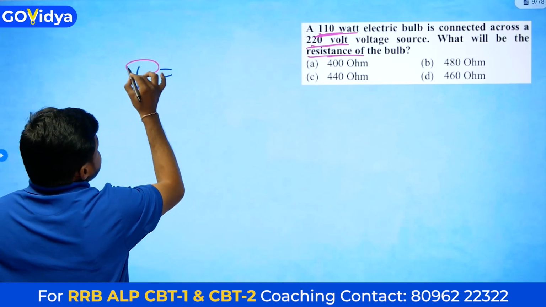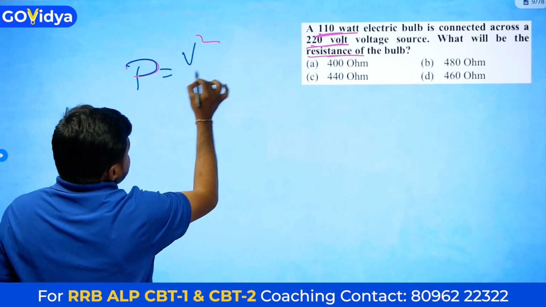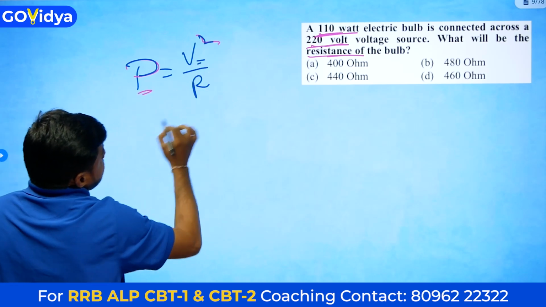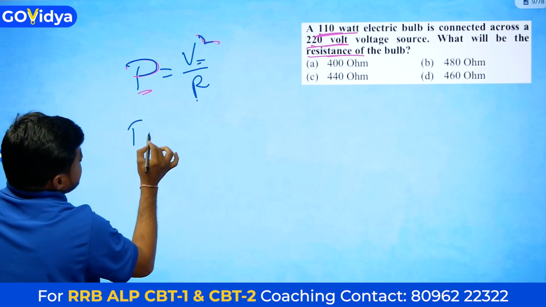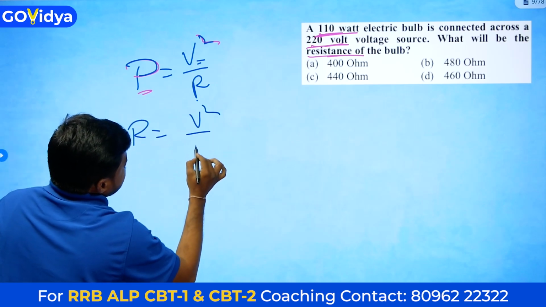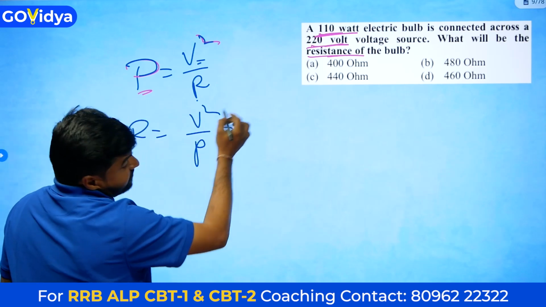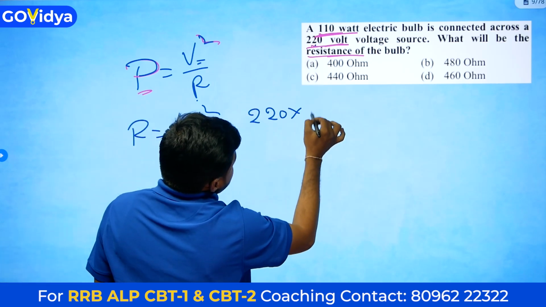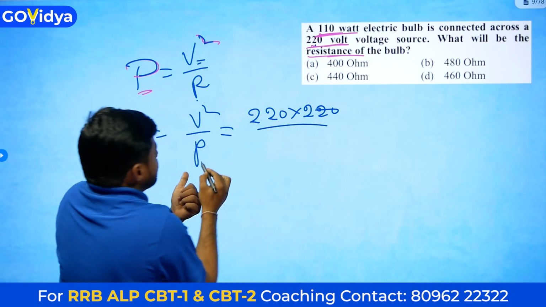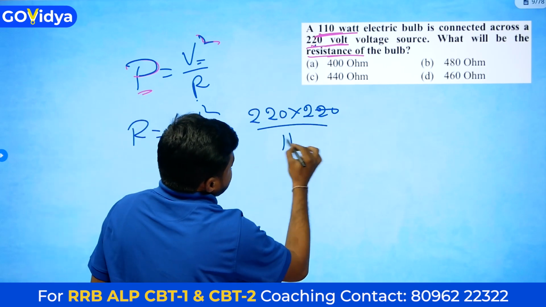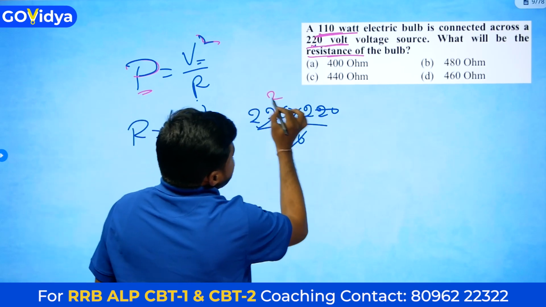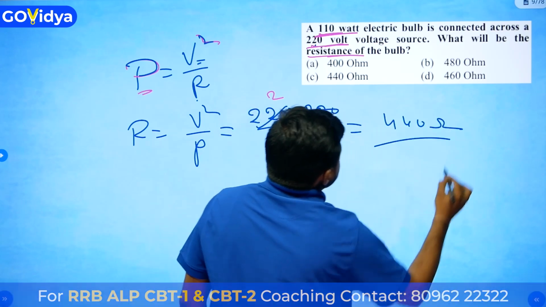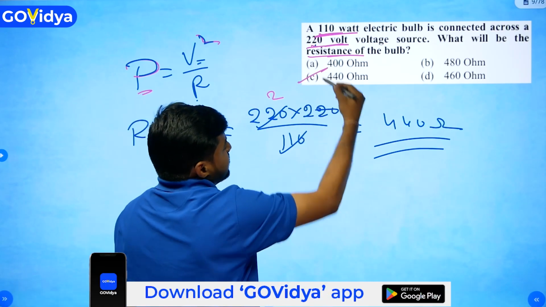P is equal to V square by R. R is equal to V square by P. V is 220 volts. 220 into 220, power is 110. 110 1 ja, 110 2 ja, 2 into 220 is equal to 440 ohms. From the options, option C is the correct answer.